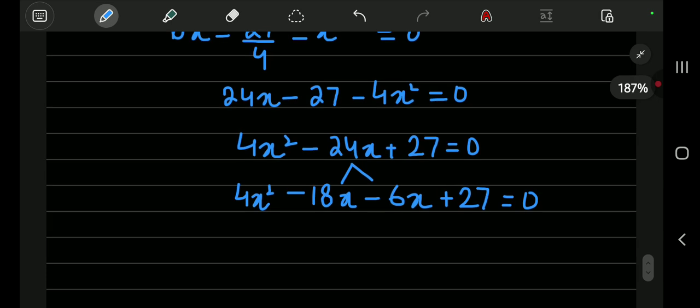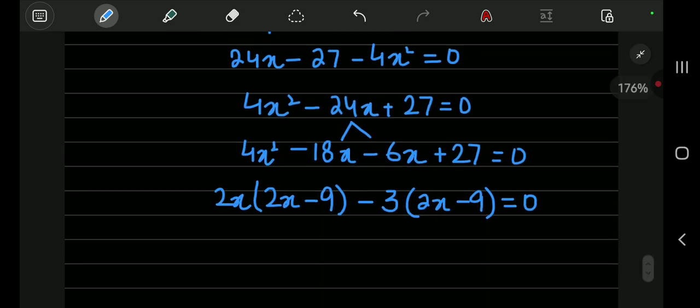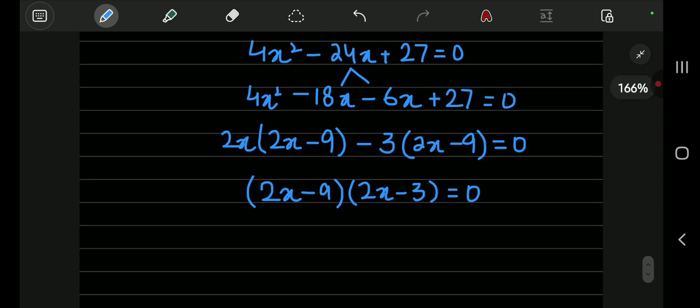Taking 2x common will give you 2x minus 9, and taking minus 3 common will give you 2x minus 9. So this will give you 2x minus 9 times 2x minus 3 equals 0, and this implies x equals 9 over 2 or x equals 3 over 2.